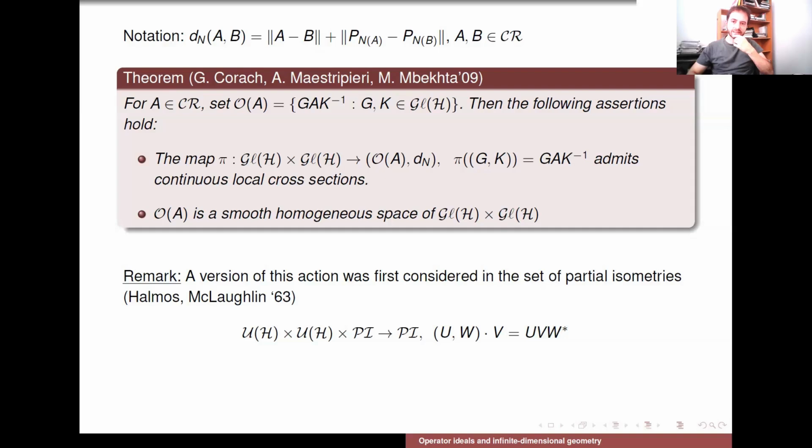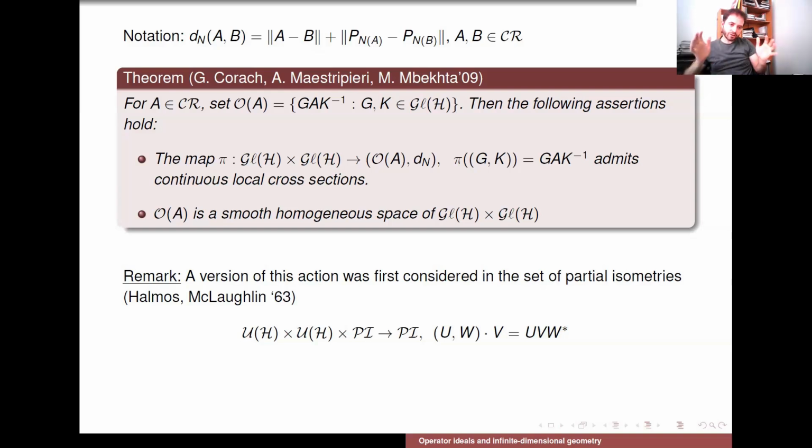But the reason that they must put here the distance dn is that to construct the local cross sections, you need to use the Moore-Penrose inverse. So you need to control in some way the projections, and the result by Izumino gives a control of those projections.